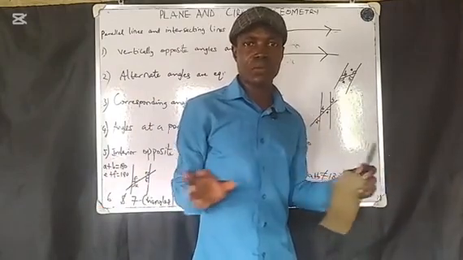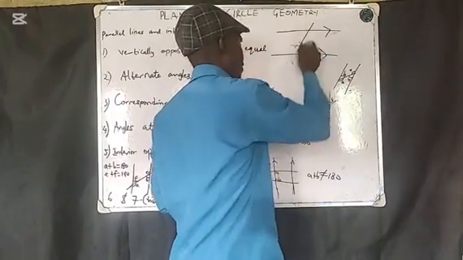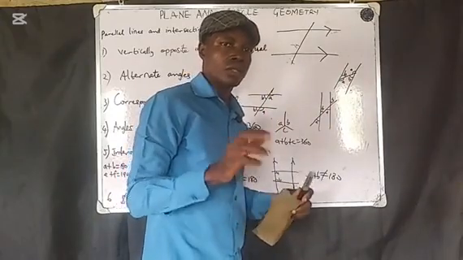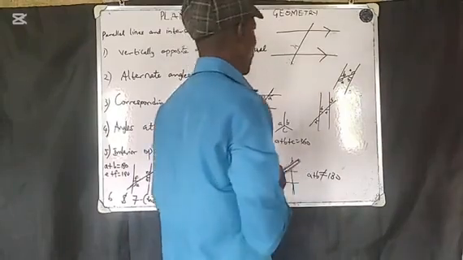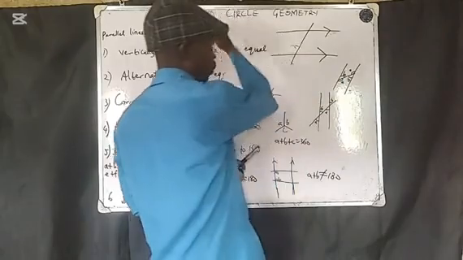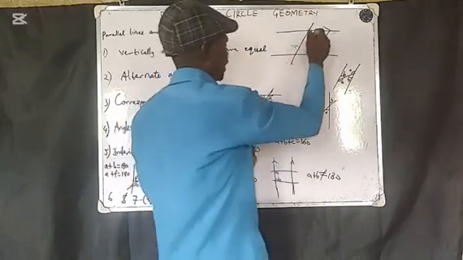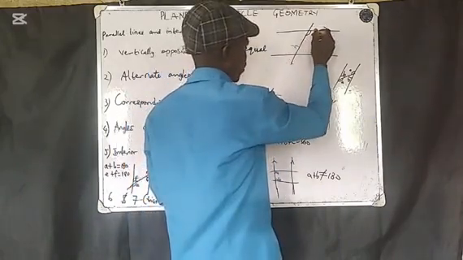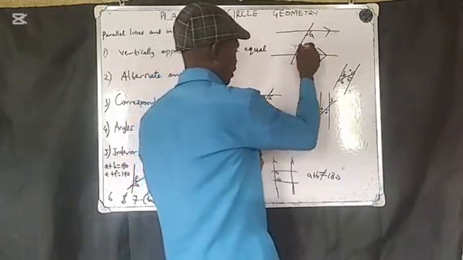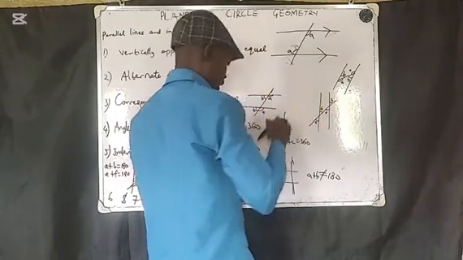It only applies when there are two parallel lines and a line across them called the intersecting line, or transversal. So when we have two parallel lines, the inner angle on the right side is equal to the inner angle on the other side.